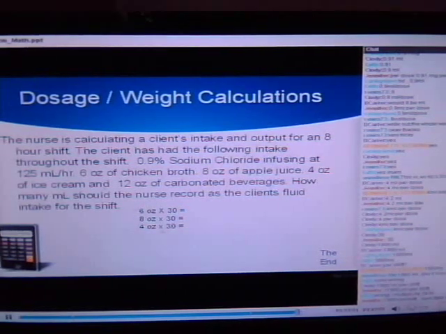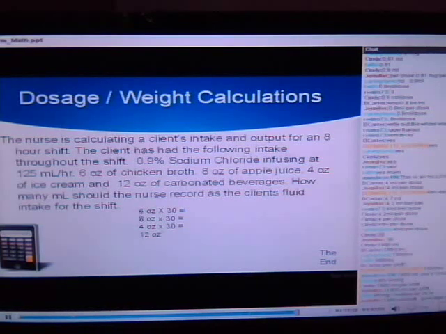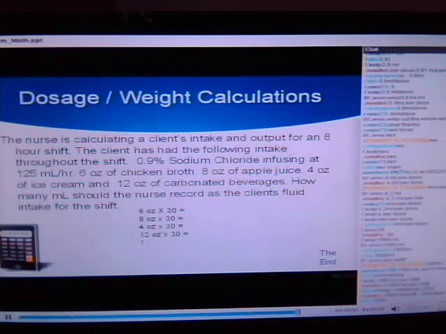Okay. And then we have to take the 125 milliliters, and we have to times that by 8 because it's an 8-hour shift. And then, Faith, you take all of these things.